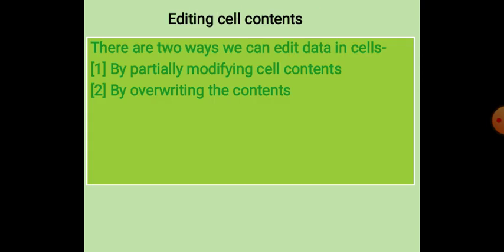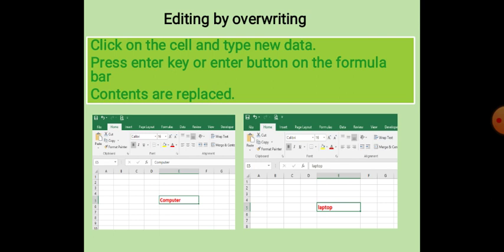Now children, we will understand how we can edit the cell content. There are two ways. First is partially modifying and another way is overwriting. So first we will understand overwriting. Children, to overwrite the previous contents with new contents, we click on the cell and type the new data.